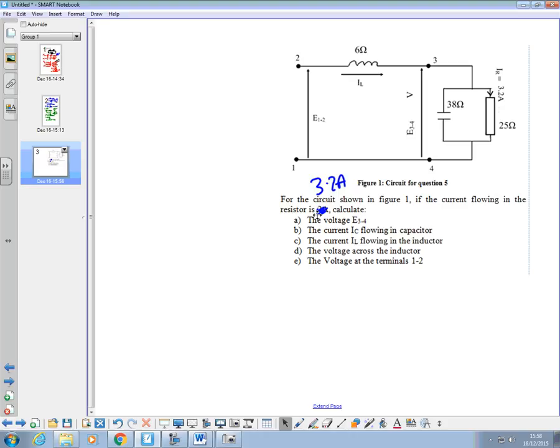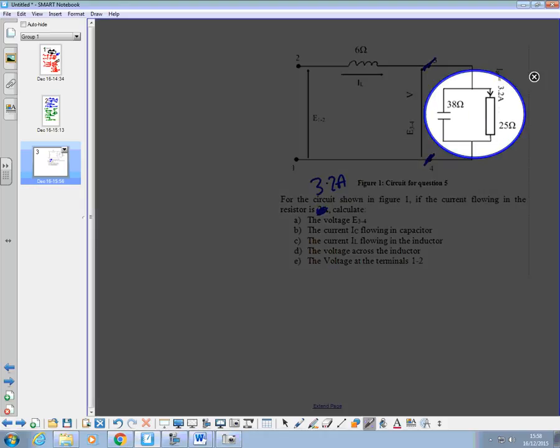Okay, so you've got the current through the 25 ohm resistor, and you've been asked to find the voltage E34. That voltage, we're looking for the voltage between these two points here and here, and that is because these two components here are in parallel. That voltage is common to both of them.